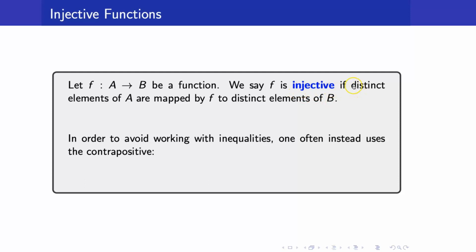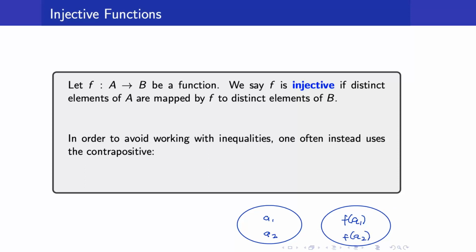It says here that distinct elements of A are mapped to distinct elements of B. So this is saying that if you have A1 and A2, they are distinct from each other, then they should go to different elements, F of A1, F of A2, something like that. You cannot have this one, right?